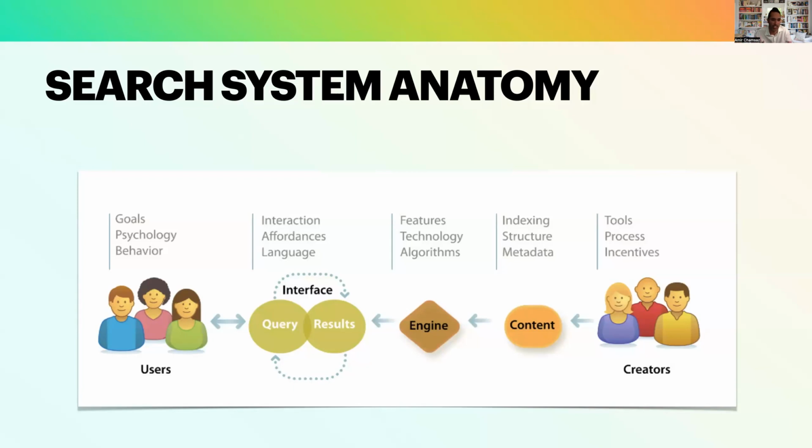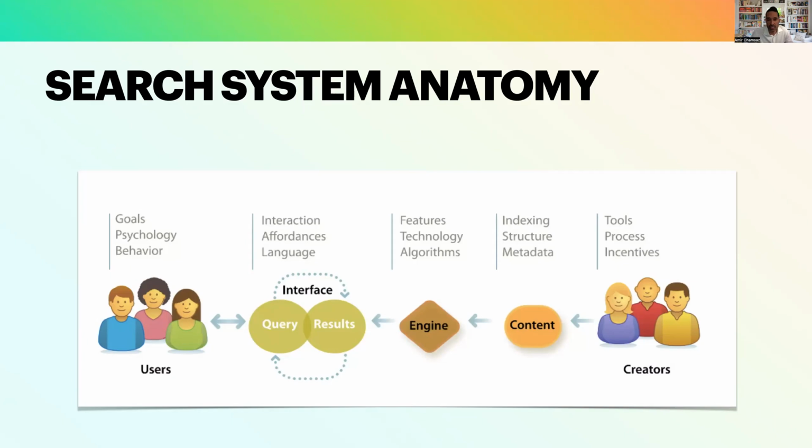Their psychology, their behavior, how do they act? Then you have the interface, the interaction design, the language, affordances, like different items on the interface that suggest you can click here to do this, we can drag this to do that. There is a query when the person enters it, and then results and how they are displayed.